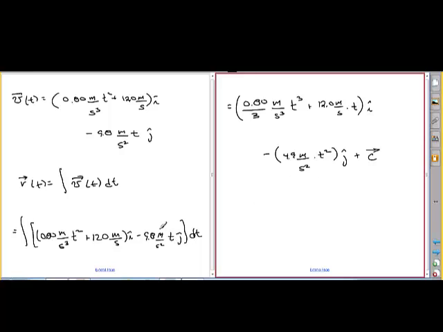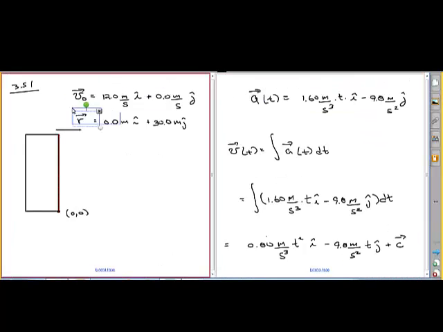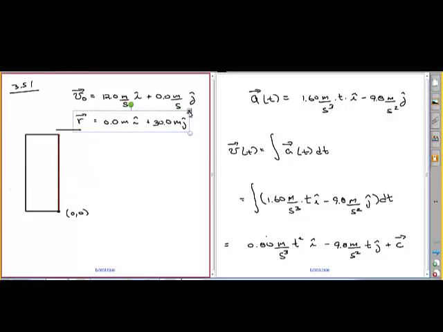So we take the integral of t dt, which is t squared over 2, so I divide 9.8 by 2. Now I have to use the initial condition for the displacement, so it's this one right here.